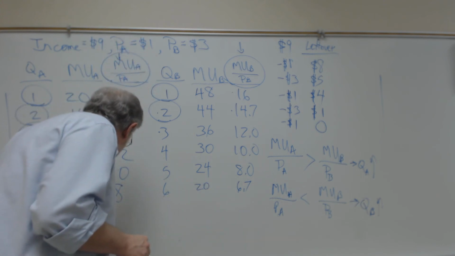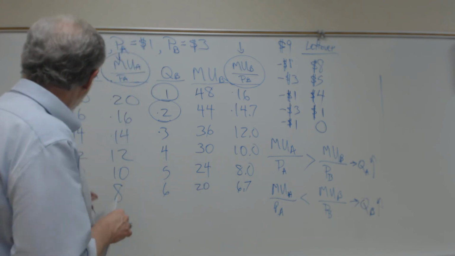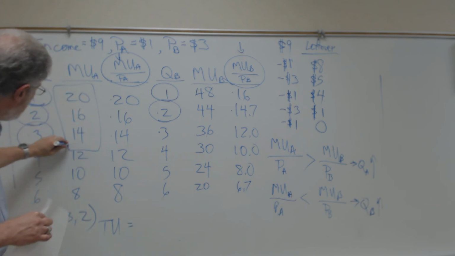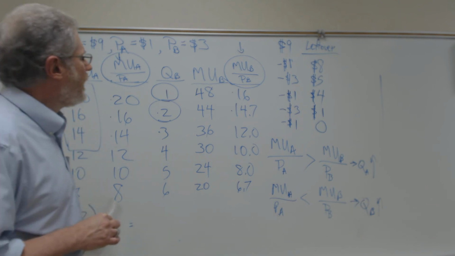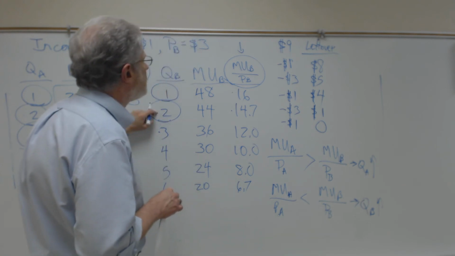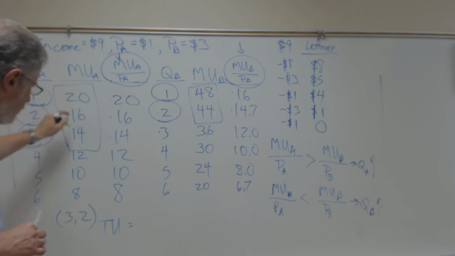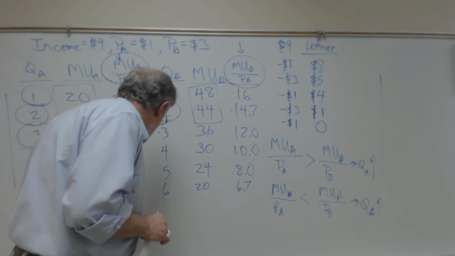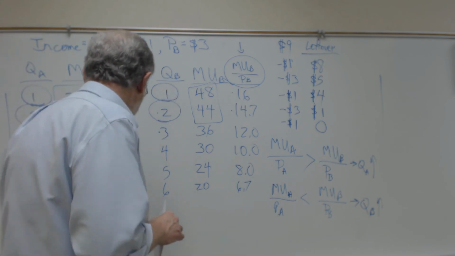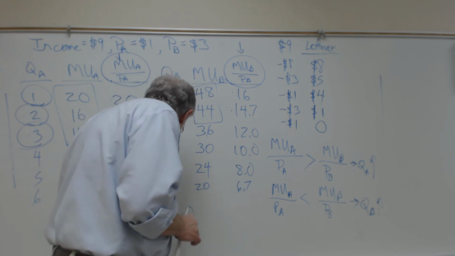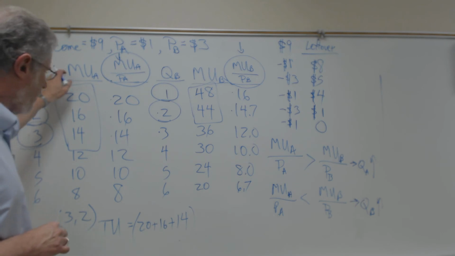Well, total utility is going to be the utility he gets from the 3 apples that he's buying and from the 2 bananas that he's buying. So the first apple gives him 20 units of utility, second gives him 16, third gives him 14. That's the utility he's getting from the apples.